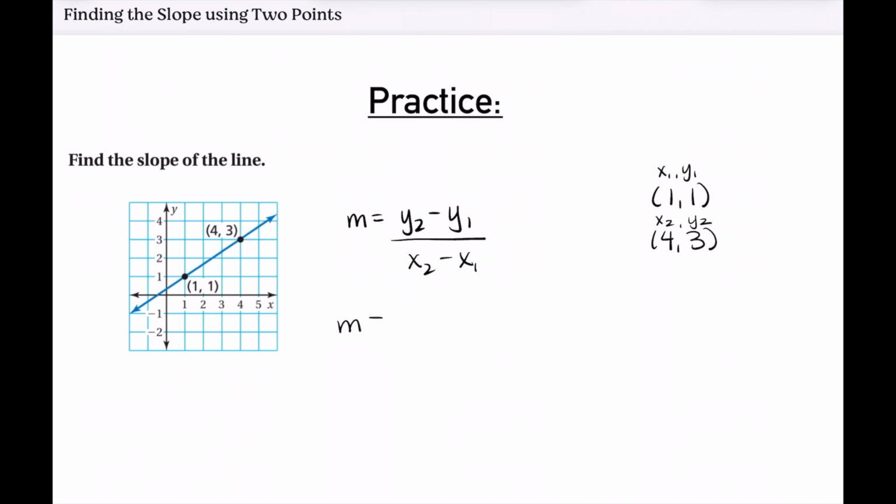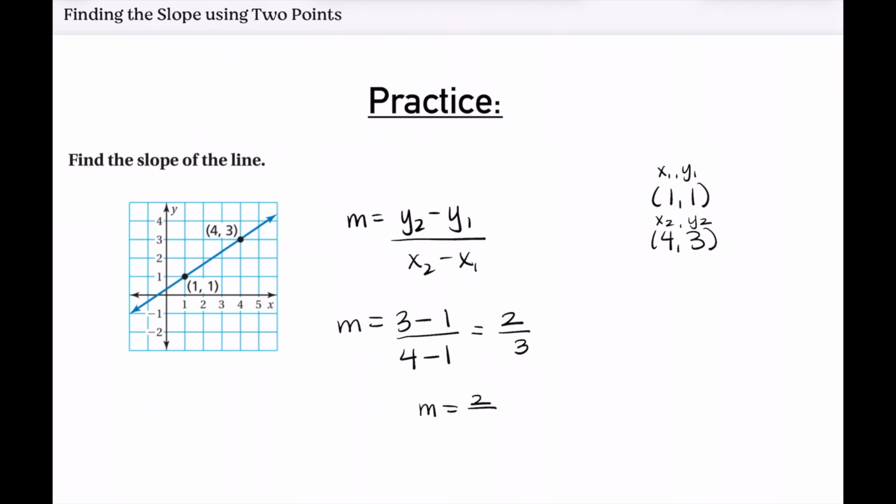So now I'll go through here and just substitute in. We would have y2 minus y1, which would be 3 minus 1, over x2 minus x1, which is 4 minus 1. We know that 3 minus 1 is 2. We know that 4 minus 1 is 3. So our answer here, our slope, would be 2/3.